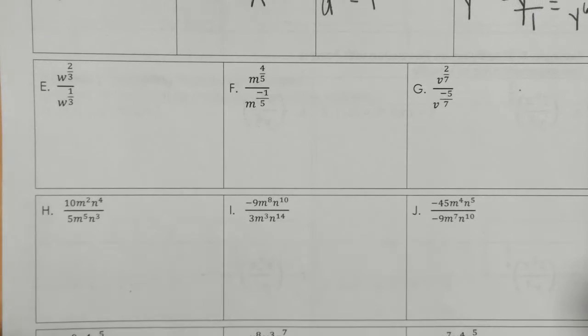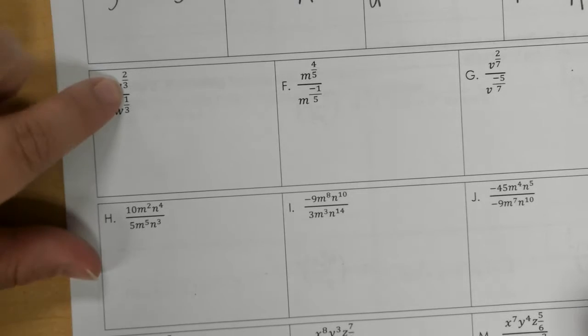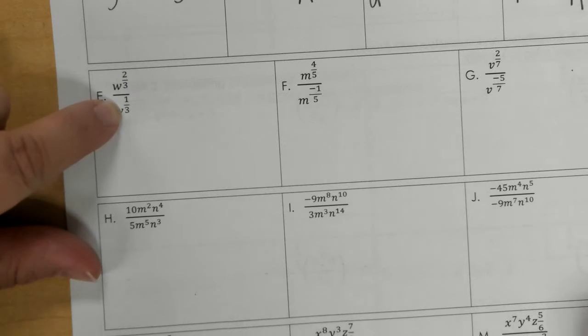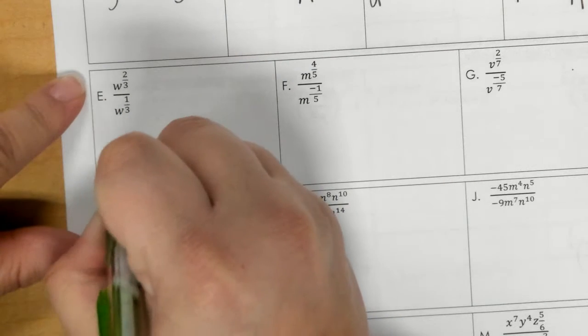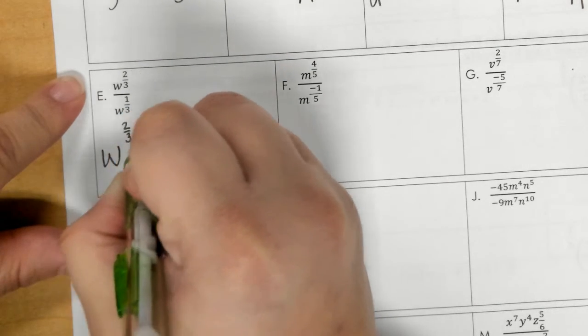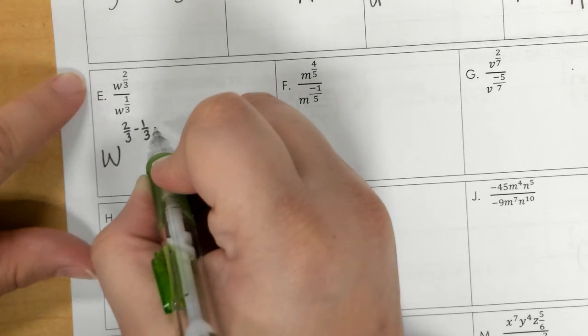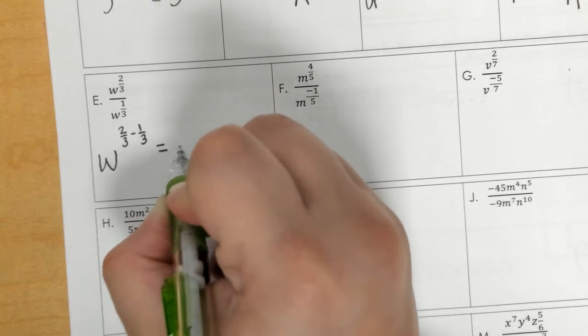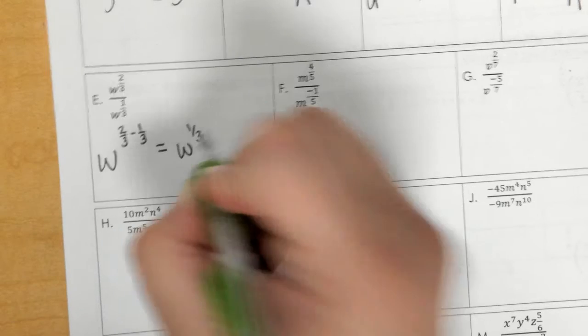In letter E, again, we're going to subtract. So we're going to have 2/3 minus 1/3. So 2/3 minus 1/3 would be 1/3.